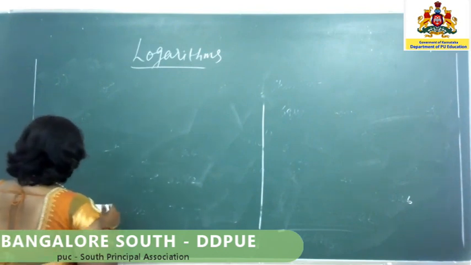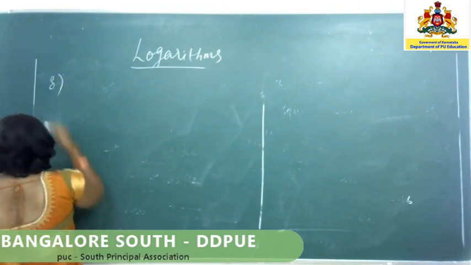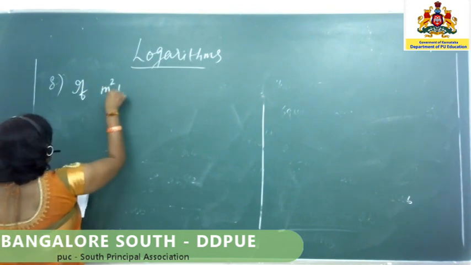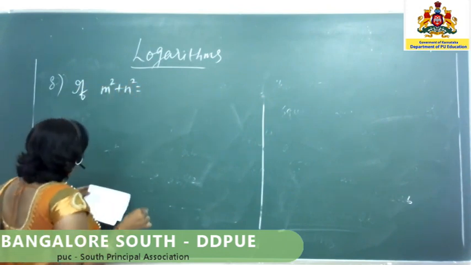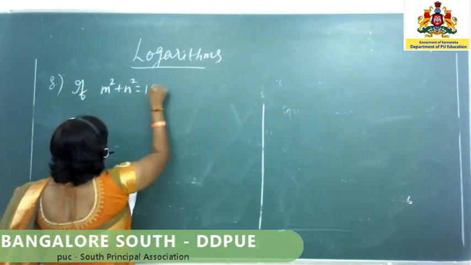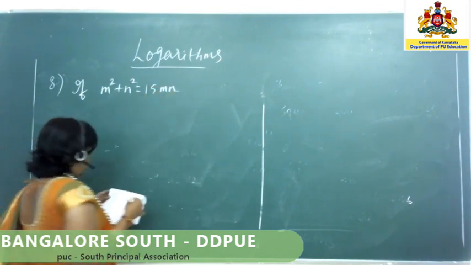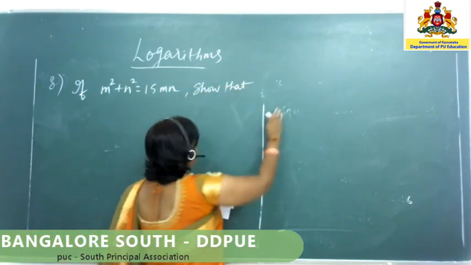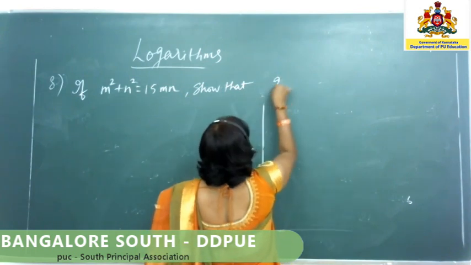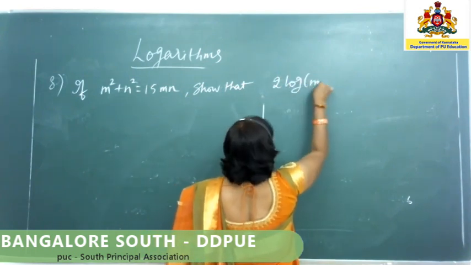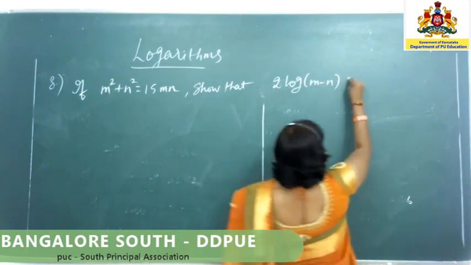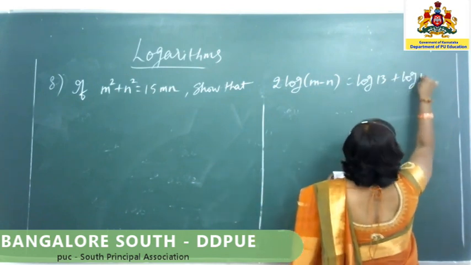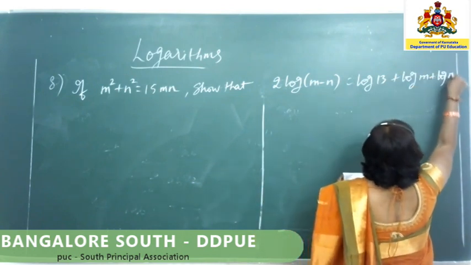Next question. If m square plus n square is equal to 15mn, show that 2 log (m minus n) is equal to log 13 plus log m plus log n.